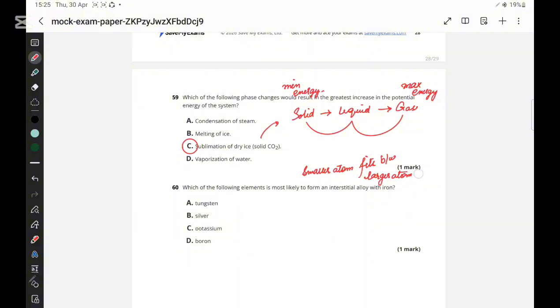So we have to find out the smallest atom, which is going to be boron. Boron is B-5-11, having only 5 electrons and 2 shells. So it is going to be the smallest atom, so it is the one that fits best in the iron. So that's going to be the example of an interstitial alloy.